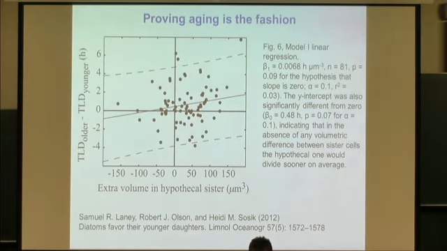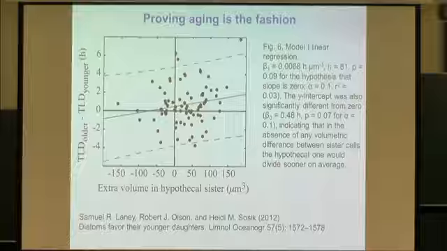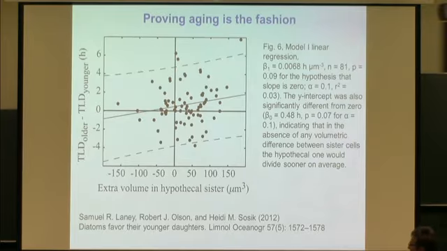And while I'm at it, I think this is another big problem in science: if the fashion is that everyone is looking for aging in all the organisms, because that's currently what people think is interesting, people go to some lengths to prove aging in their organisms. So here's a paper on diatoms showing that diatoms also age, that means favor their younger daughters. And these are the results. The fact that this slope is significant is important for the conclusion of the paper.